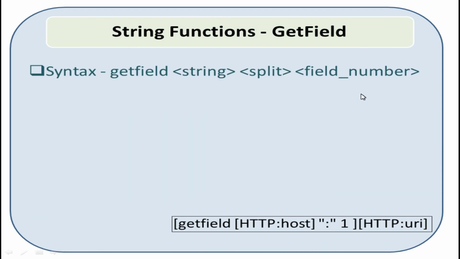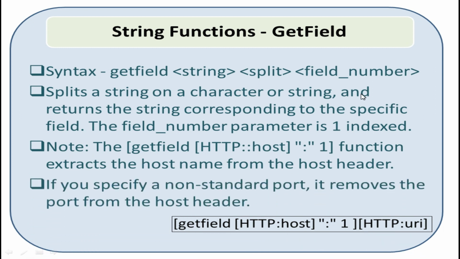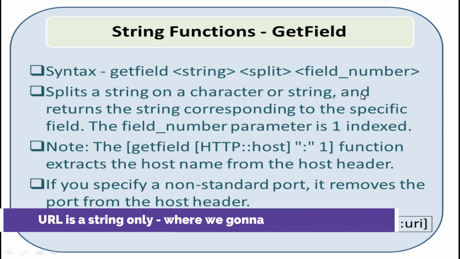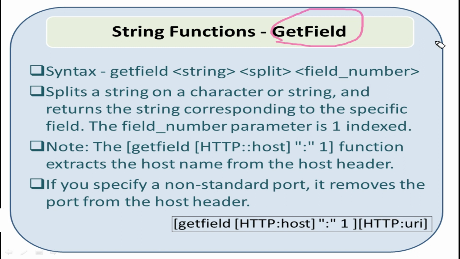So you know that a string is a collection of characters, and you can perform a lot of actions over the string. In string there is a function named getField, which we will use in today's video also. I will show you how the redirection can be achieved using getField.